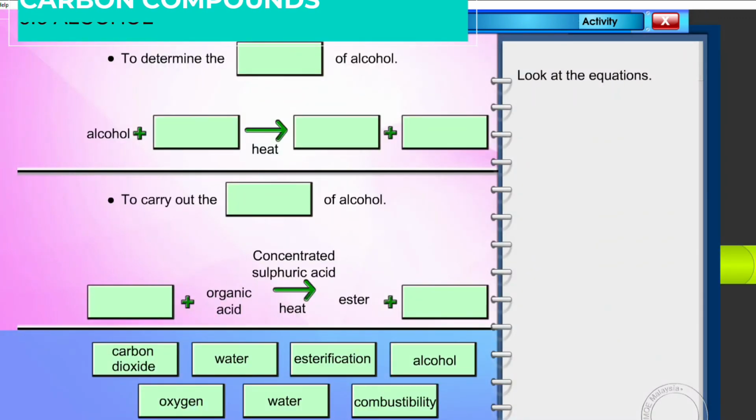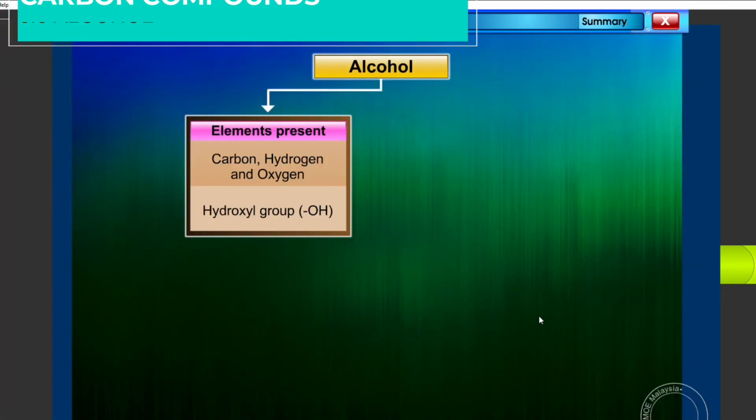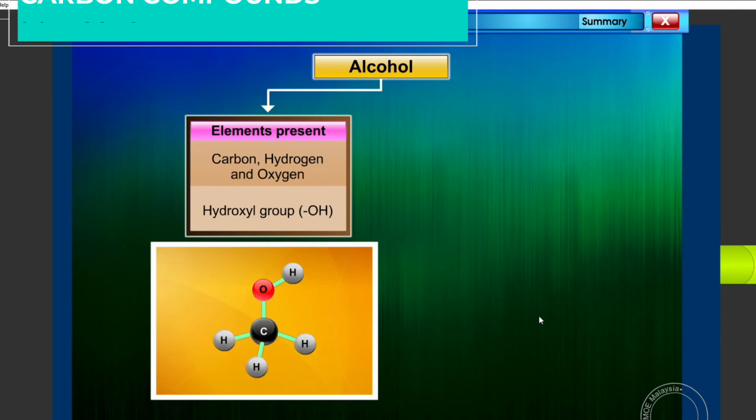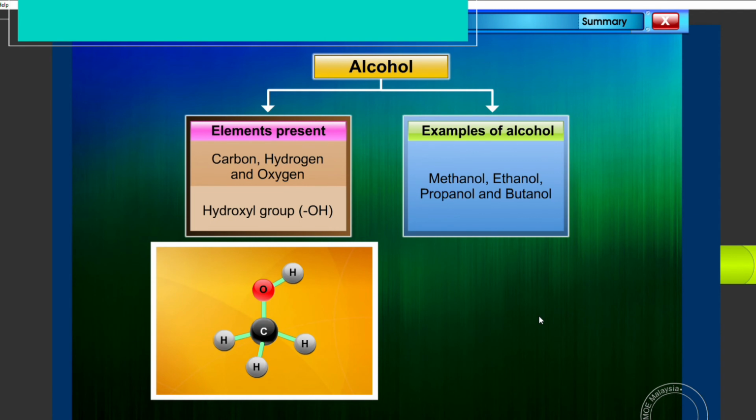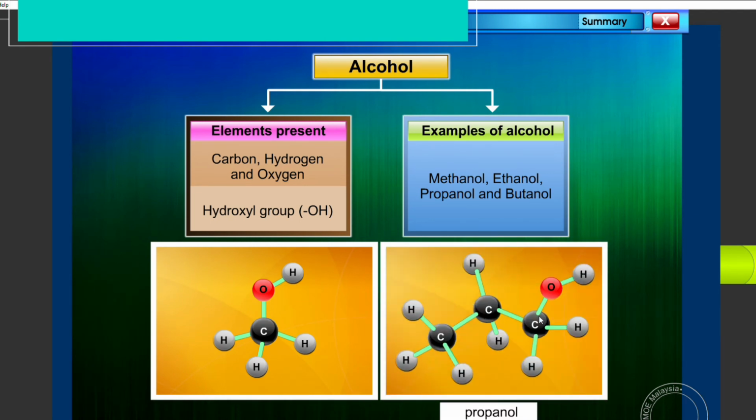Look at the equations. Alcohols are organic compounds that contain carbon, hydrogen, and oxygen. Oxygen is attached to hydrogen to form an OH group called the hydroxyl group. Some examples of alcohols are methanol, ethanol, propanol, and butanol.